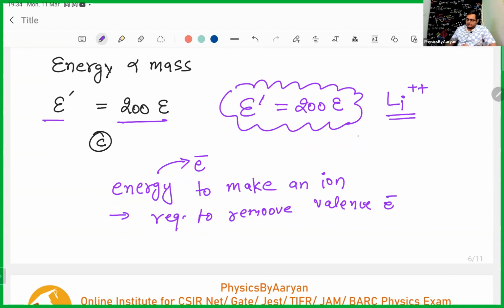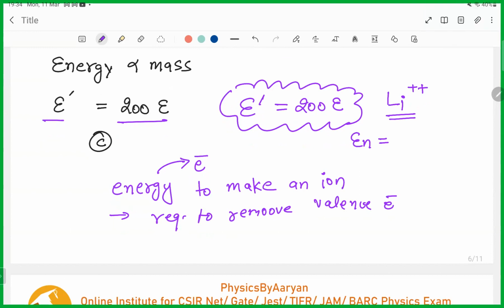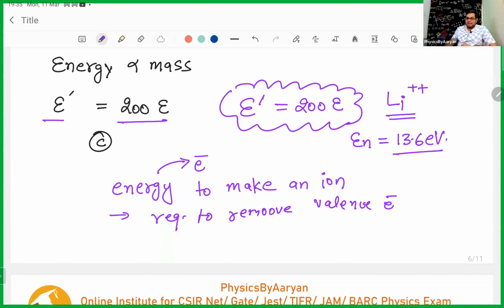Can anyone tell me what is the ionization energy for the hydrogen atom? 13.6. Minus or positive? Positive, because we have to give energy, sir. So it will be positive. In the hydrogen atom, in the ground state, you are sitting at minus 13.6, and you want to come out.